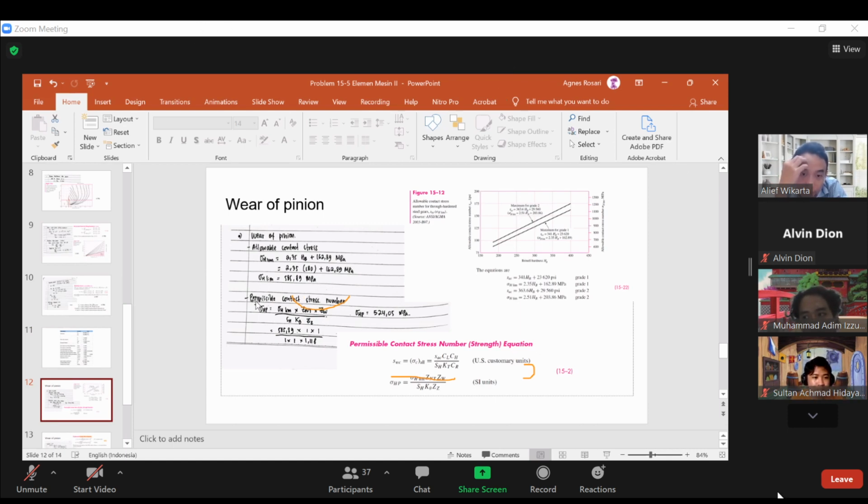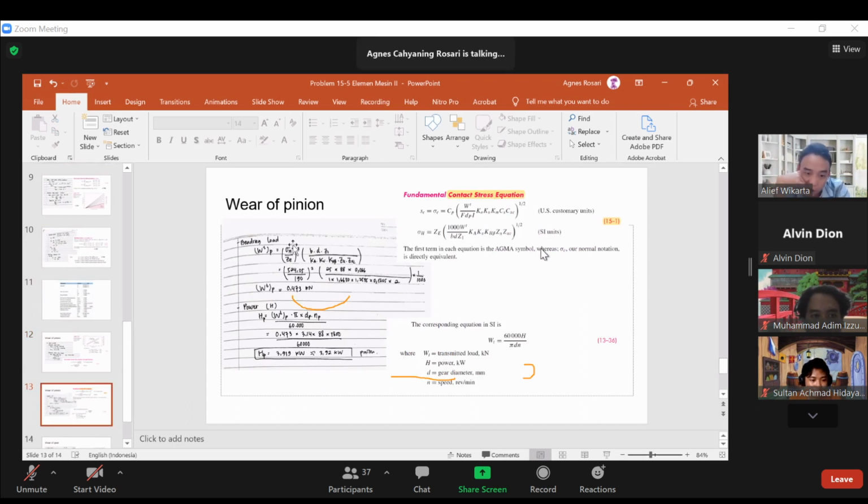And then the permissible contact stress number, we can use these equations, and I got the permissible contact stress number is around 524.45.